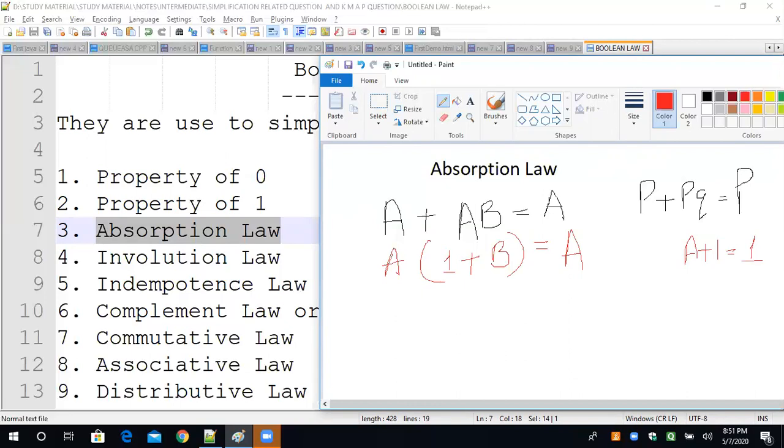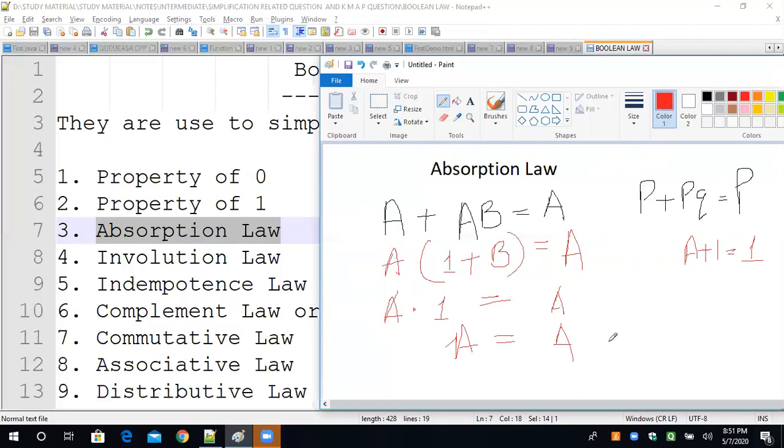This is the property of 1, and we can apply it over here. So A dot (1 plus B) is equal to A dot 1, and the right hand side I have taken A. Now A dot 1, again the property of 1 with multiplication, is equal to A, and the right hand side is also A.